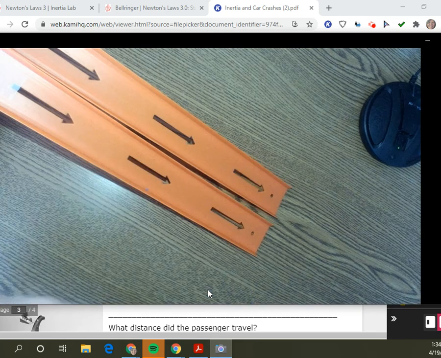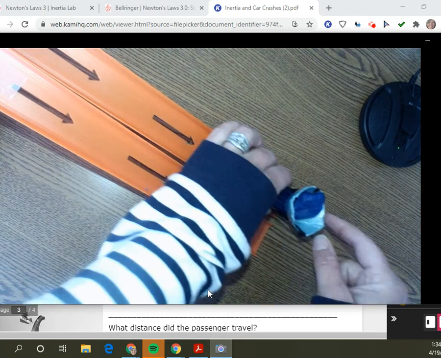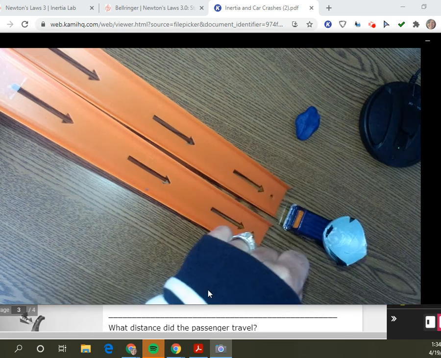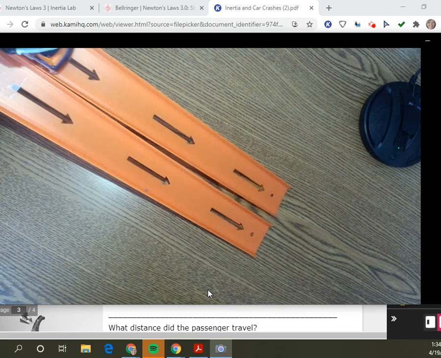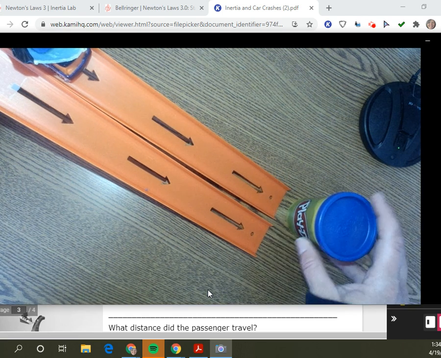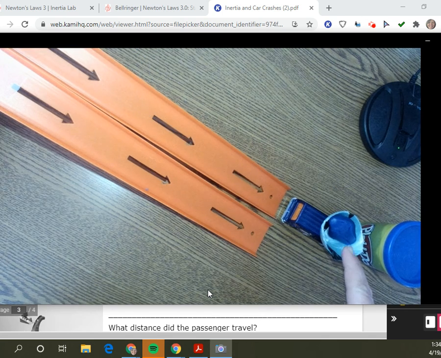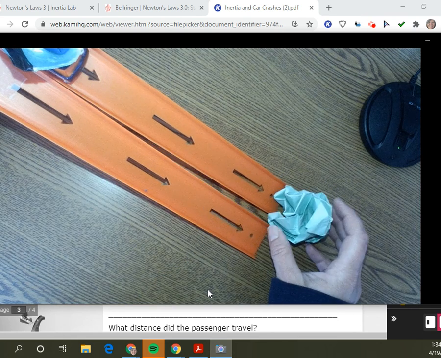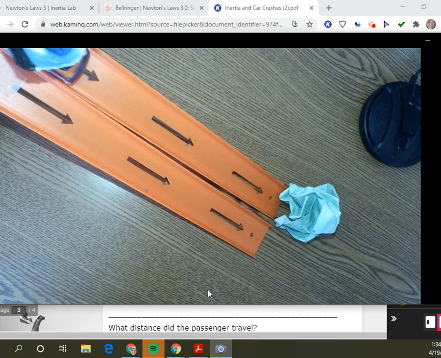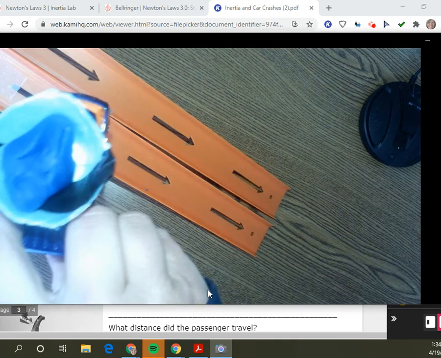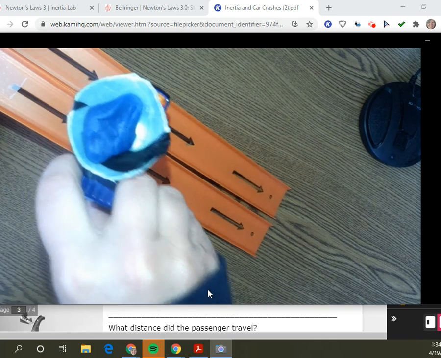So at the end of the ramp, if the car kept going this way and the person flew out, then we would say the direction was different. But he stayed in the car. Let's see what happens when he hits the Play-Doh box. See that? It stopped the car, and the guy jiggled around a bunch. But when he hit the paper wad, he just kept going. And the guy stayed in there and just moved around a little bit.